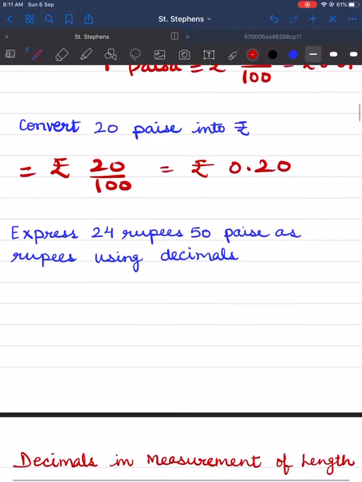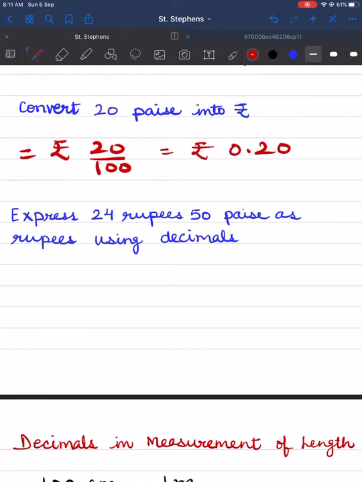Now let's express 24 rupees 50 paise as rupees using decimals. Now here we have 24 rupees plus 50 paise. Now 50 paise can be written as 50 upon 100 rupees.